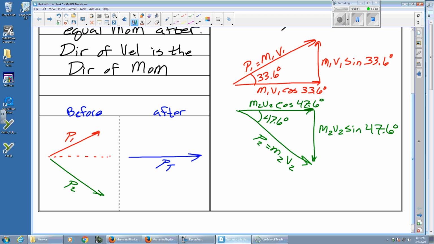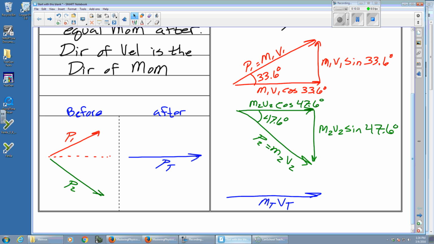And same with P2. But the total only points in the X direction. So it only has an x component, and it's m total times v total. Well, how much of it is in the y direction? What do you guys think? How much of the total momentum here is in the y direction? 0. So I've kind of done that in my head already, right?